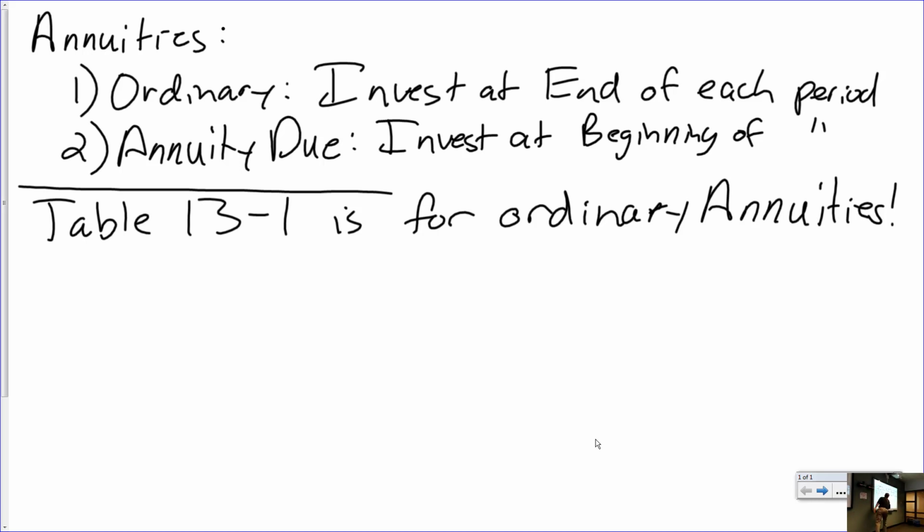So in an ordinary annuity, you invest at the end of each period, okay? And this is what differentiates questions from a Chapter 12 question from a Chapter 13 question, okay? Now, for right now in the class and on the homeworks, you guys don't have to worry about it because when you have a Chapter 12 question, it will be in Chapter 12.